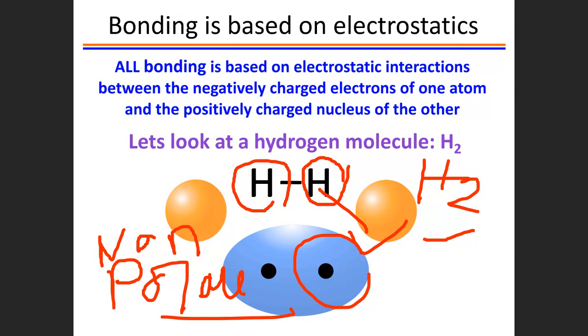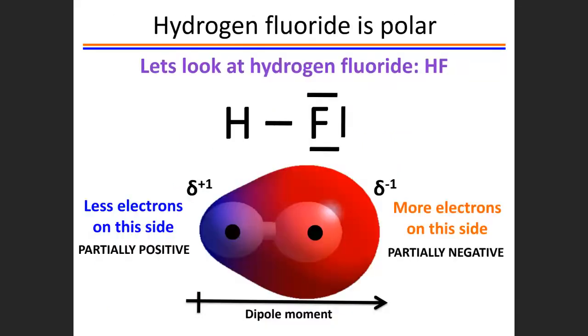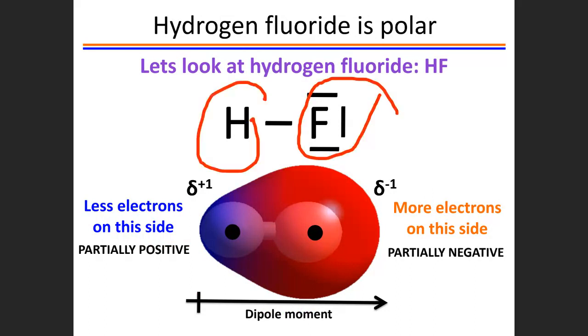But if we consider some other example, like here, hydrogen and fluorine. Which one is more electronegative? Fluorine? So that means fluorine has more affinity and energy than hydrogen.